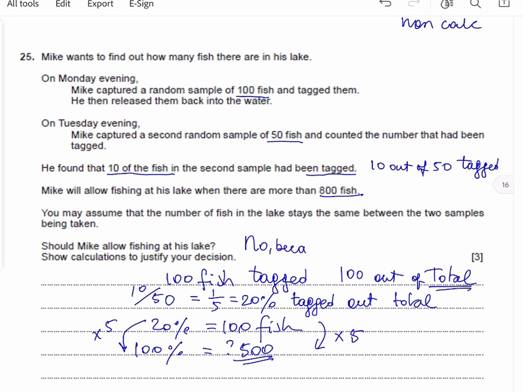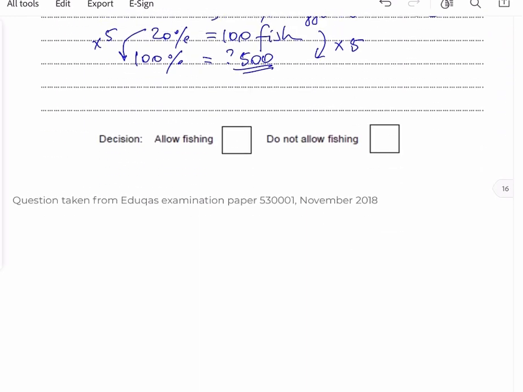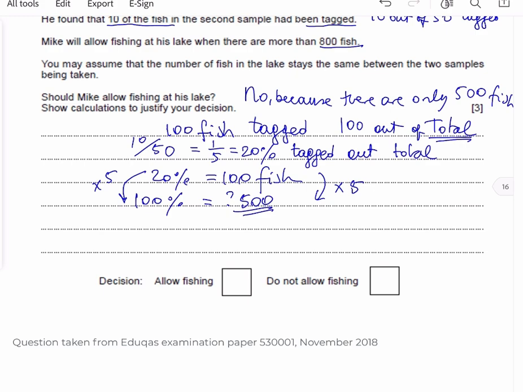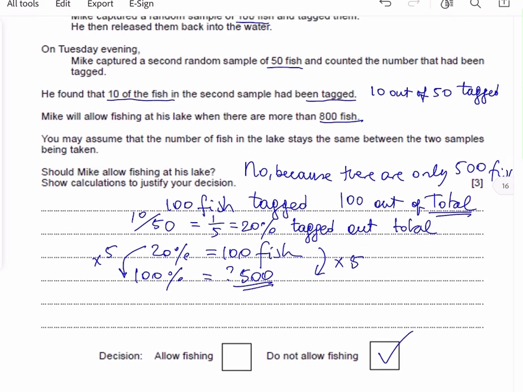So we're going to say no, because 500 is less than 800, or there's no 800 fish yet in the lake. Okay, so we need to tick that box. Do not allow fishing.